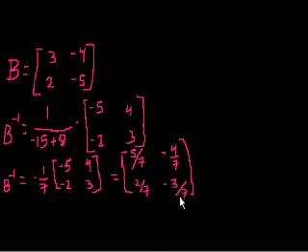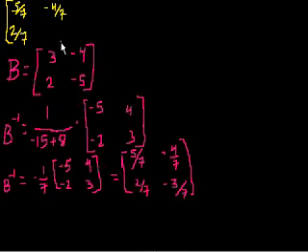So let me switch colors. B inverse is 5/7, if I haven't made any careless mistakes, minus 4/7, 2/7, minus 3/7. That's B inverse, and let me multiply that by B.